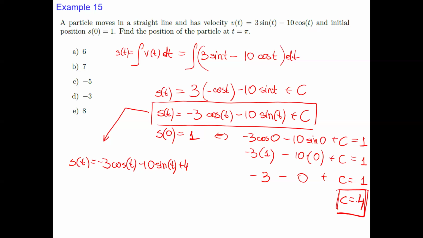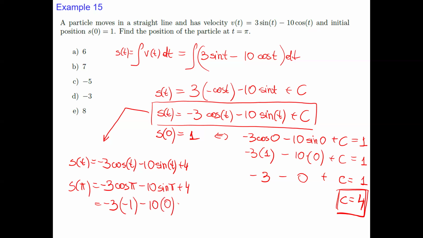Now, just the position at pi. Using the unit circle, again: negative 3 cosine at pi, minus 10 sine at pi, plus 4. Cosine at pi is negative 1, so negative 3 times negative 1 is positive 3.